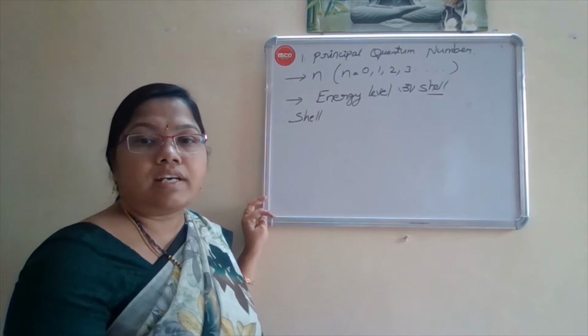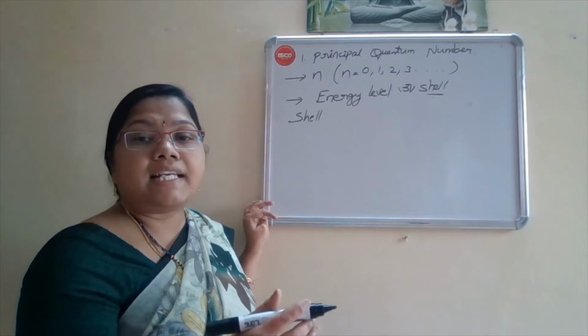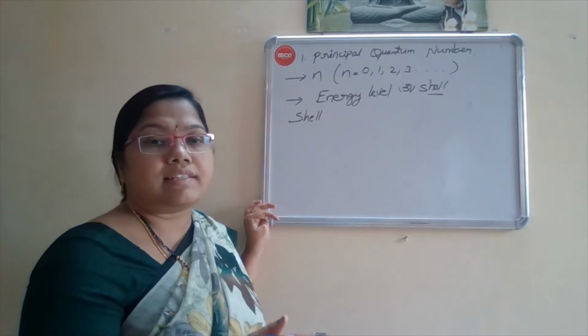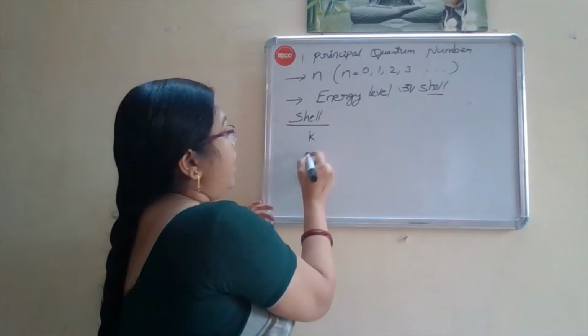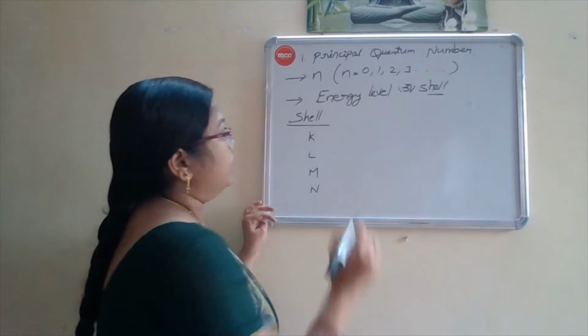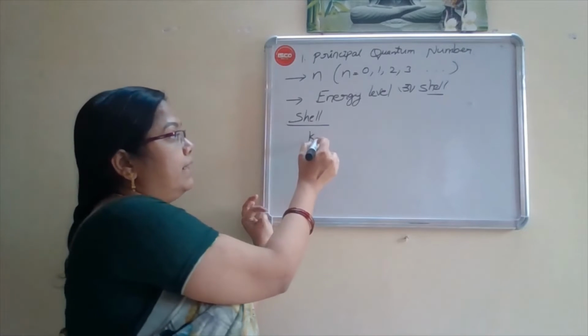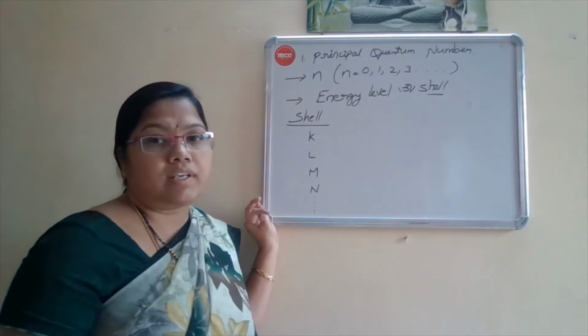The electrons are distributed over different energy levels. These energy levels are called shells. These are designated by letters K, L, M, N and so on.